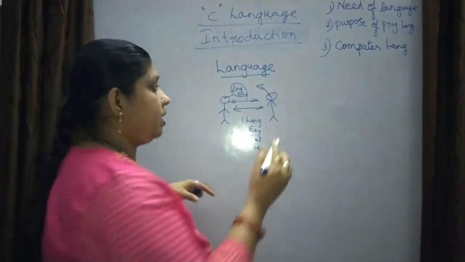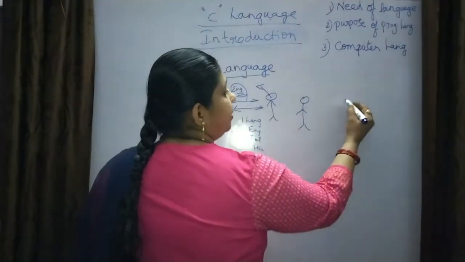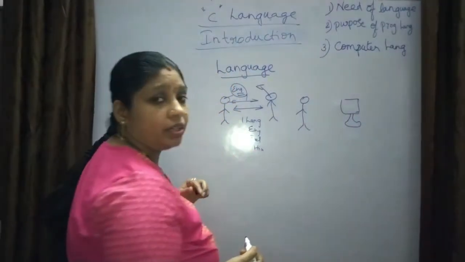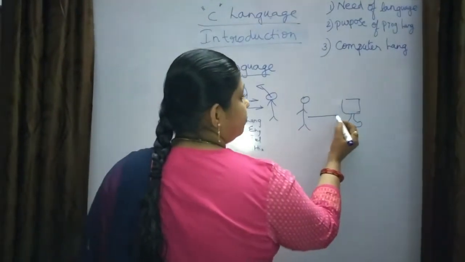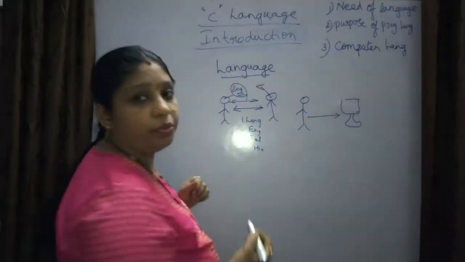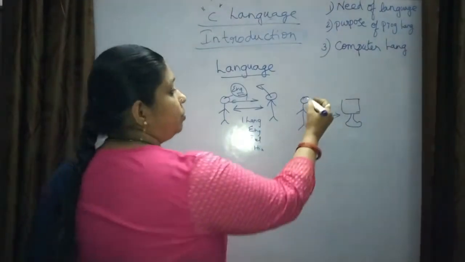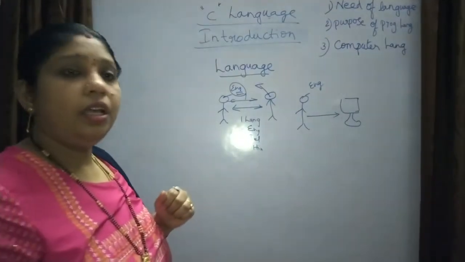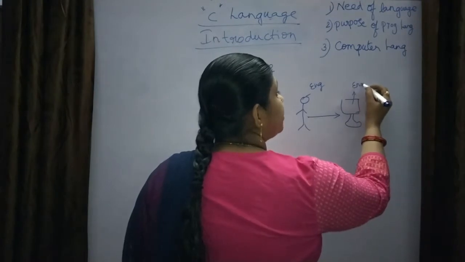Now I will take one person and one system. If this person wants to communicate with the computer, what happens? He knows English very well, but will this computer know English?